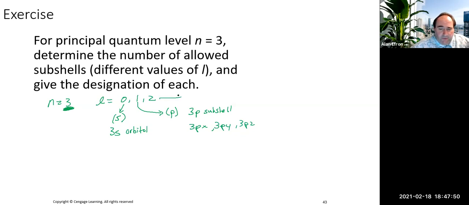And 2 would represent D, more specifically the 3d subshell, which represents those 5 different d orbitals. Any questions on that?